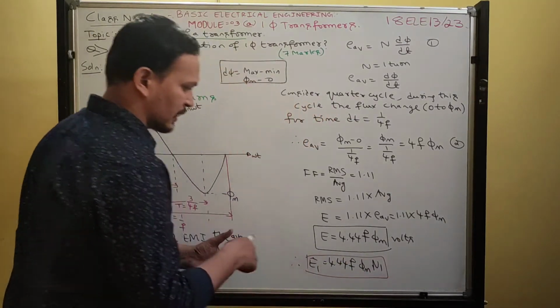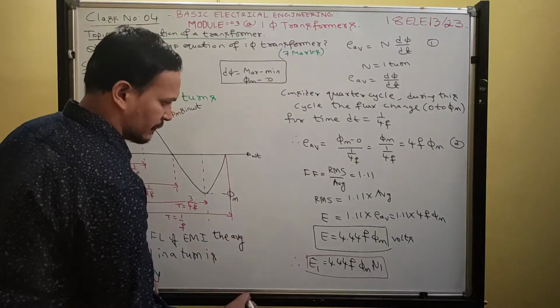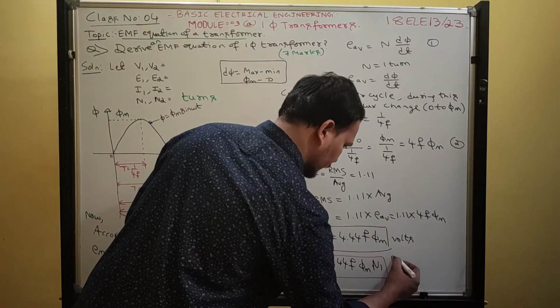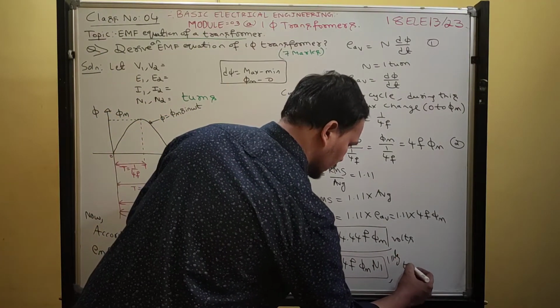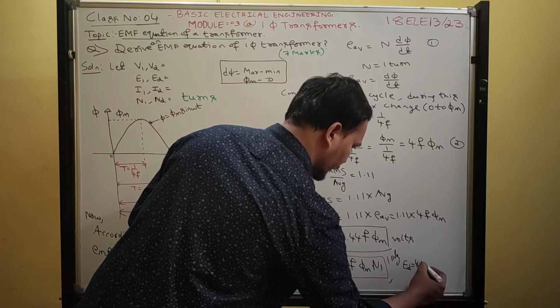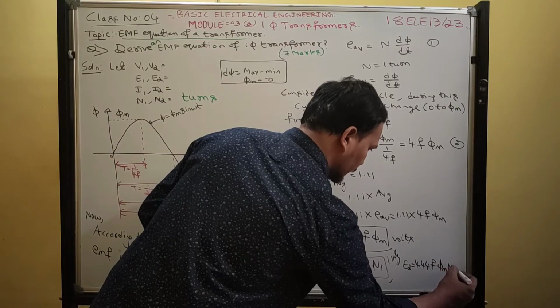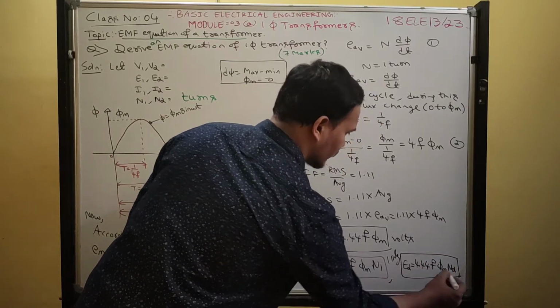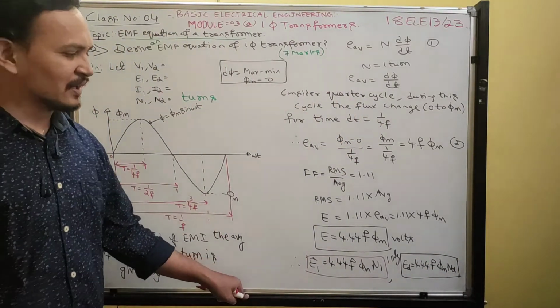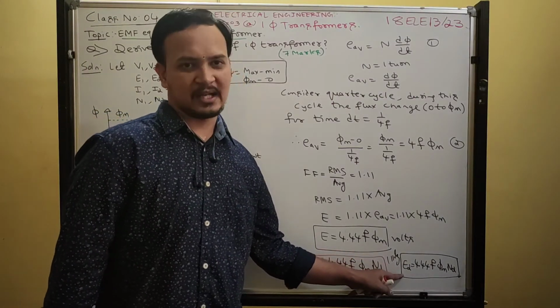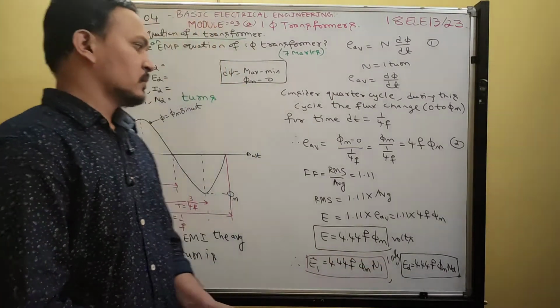Okay. Similarly for secondary, we can write E2 is equal to 4.44 f pi m. Now multiply secondary turns, and you will get the EMF induced in secondary. Okay, got it?